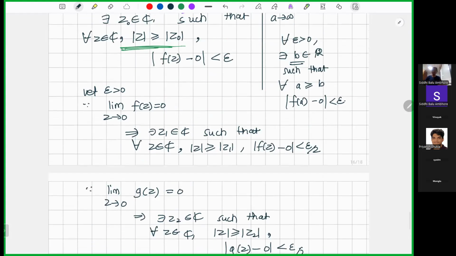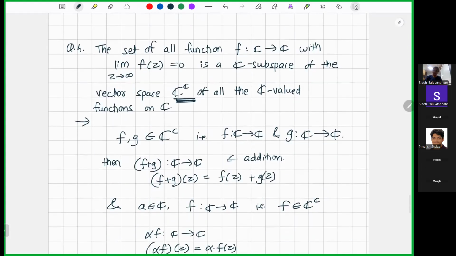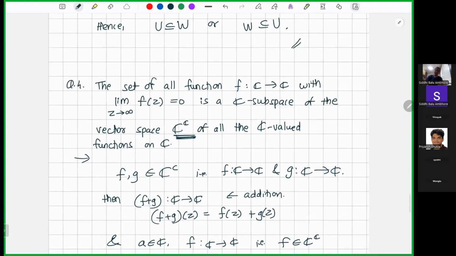And I hope you all understood what this structure exactly means in complex numbers, that is, what it means that the limit as z goes to infinity of f of z is equal to 0 in complex numbers.